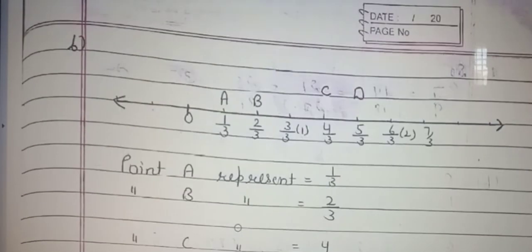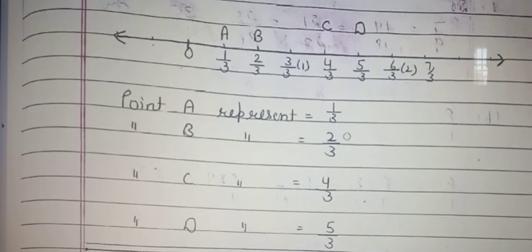In the next part, we have to represent these fractions: 1 upon 3, 2 upon 3, 4 upon 3, 5 upon 3. Again, we will divide the number line into equal parts, as we are showing fractions with the denominator 3. So we will put 3 in the denominator of all the fractions. After 0 comes 1, then 2, then 3 and so on.